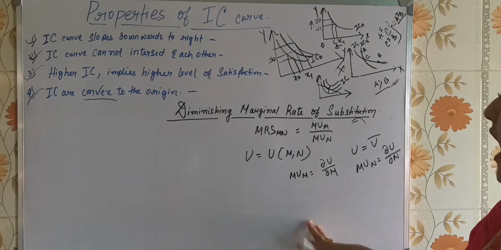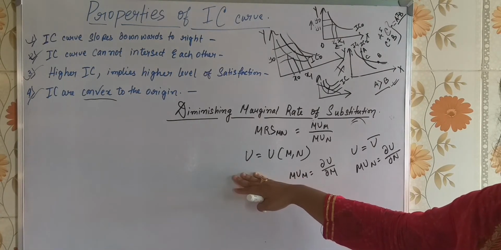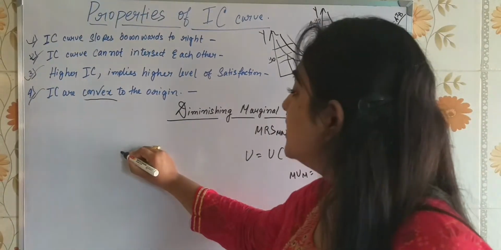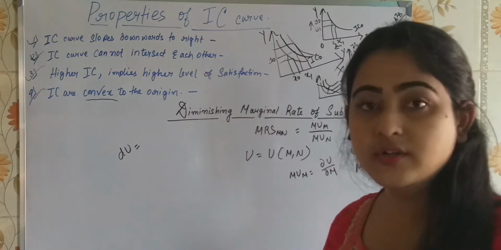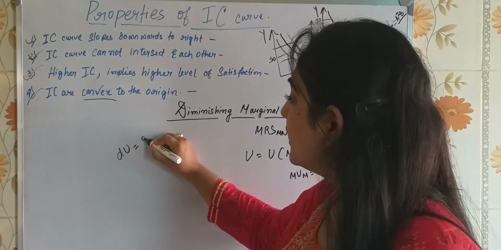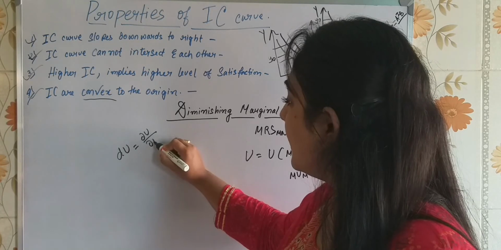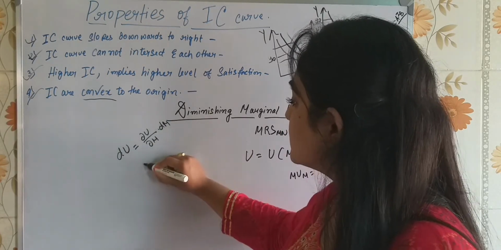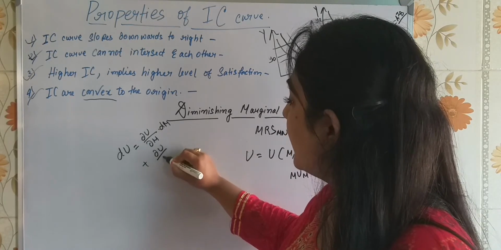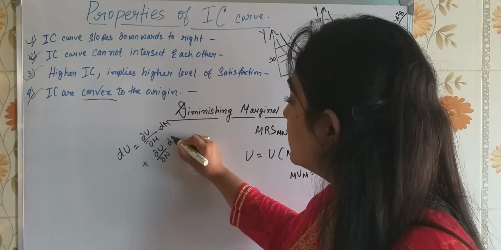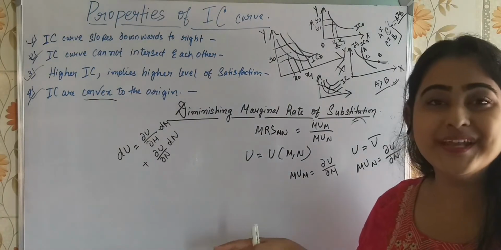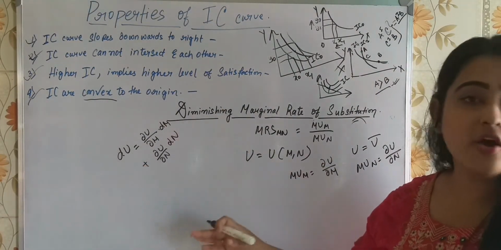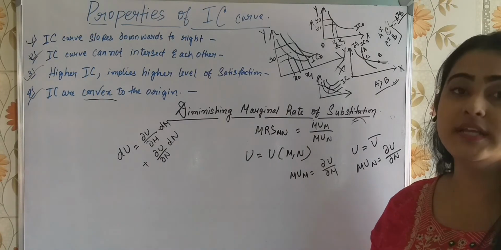Now, what if I differentiate this function totally? Then what do we get? We get du. I need to calculate, right? So for du, what do I get? Del u by del m into dm plus del u by del n into dn. This is what we get, isn't it? Now, we already know that along an IC curve, the utility is constant.